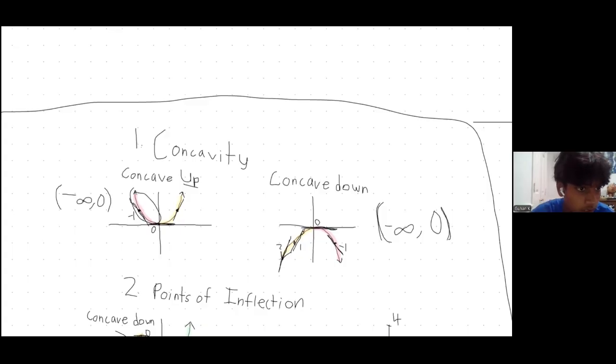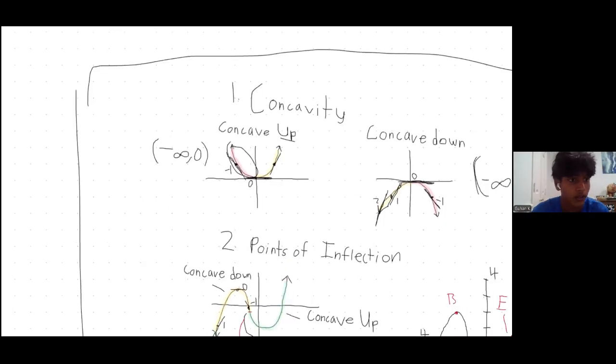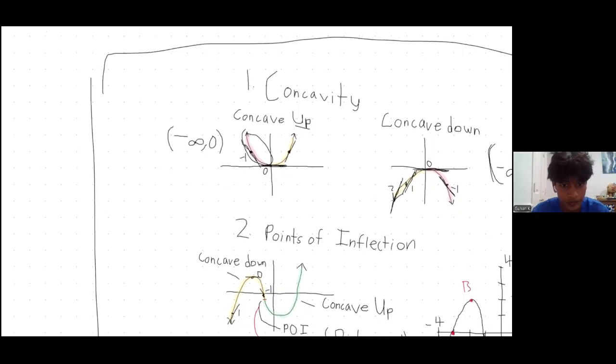Now, let's look at points of inflection. This is where it's going to cut to the next zoom, so I'm just going to go over the start of it real quick. Concave down, concave up. Let's estimate the rate of change to be around 1, here around 0, and here -1. So this looks like a concave down graph.